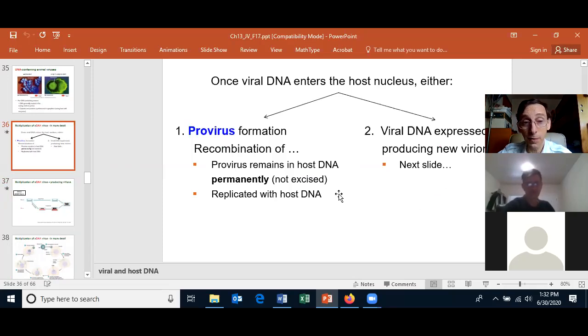But animal viruses may integrate into the host cell's DNA, and if they do that, the viral DNA permanently becomes a member of that host cell DNA. And we don't call that a prophage, it's called a provirus.